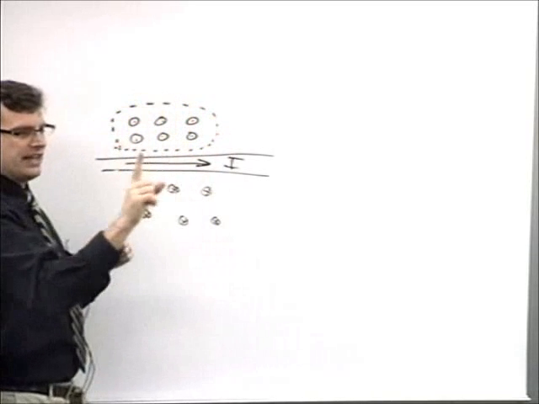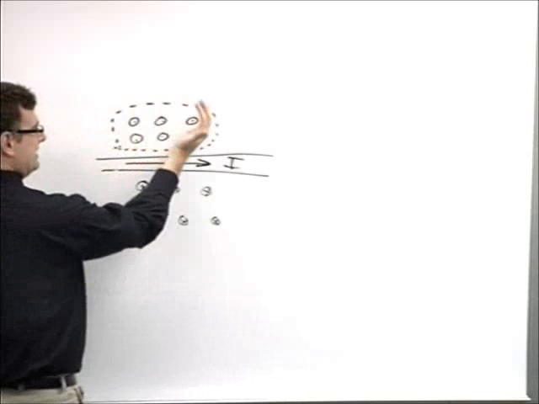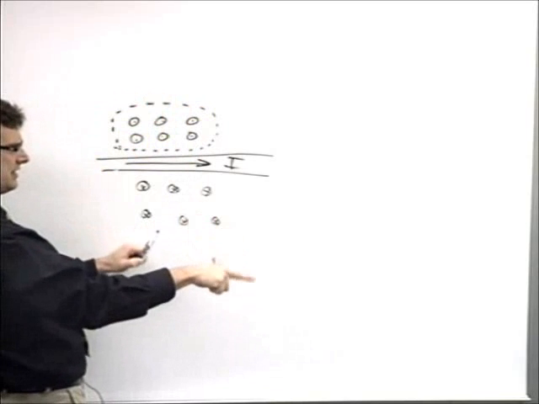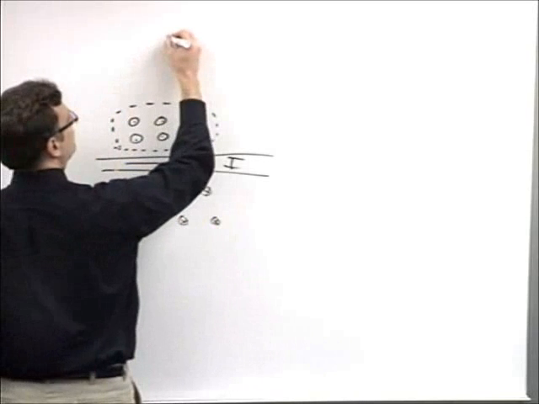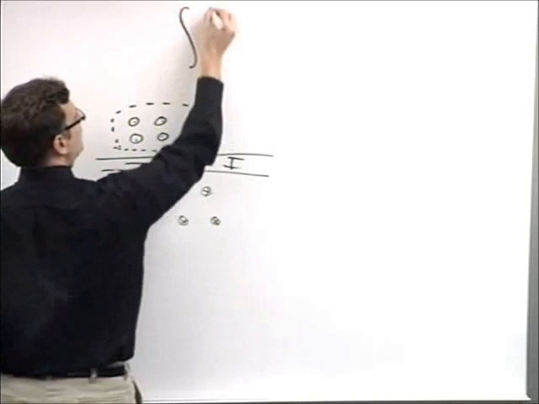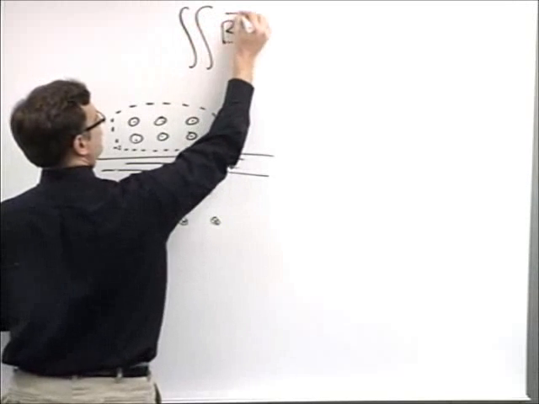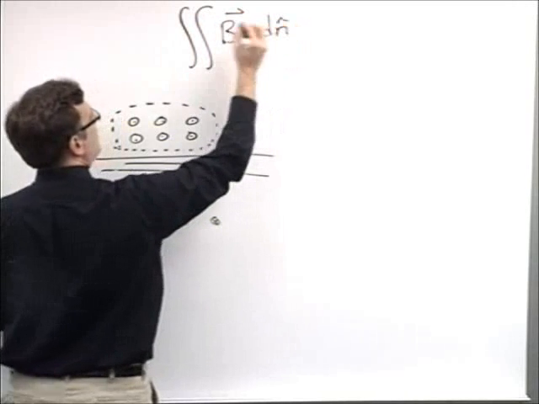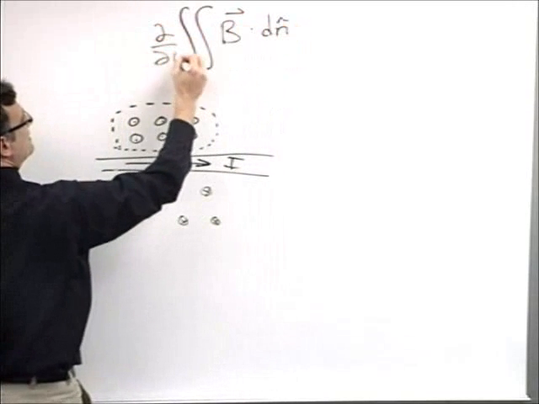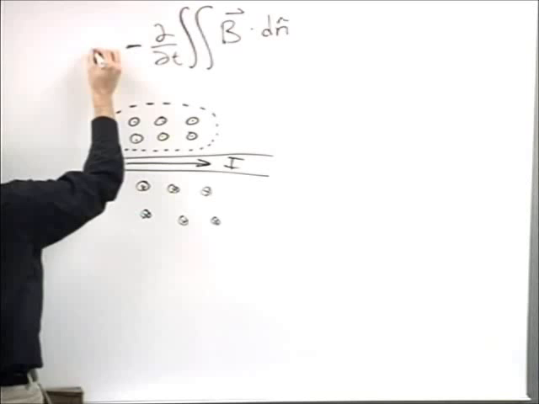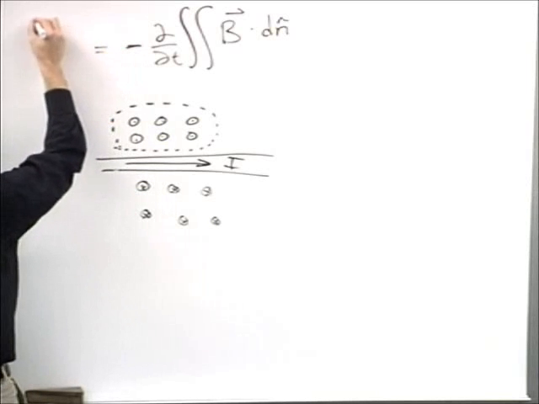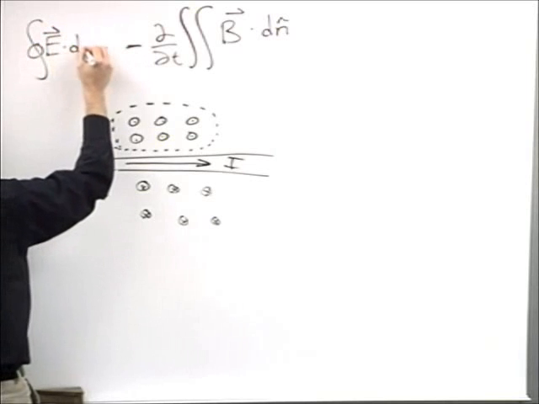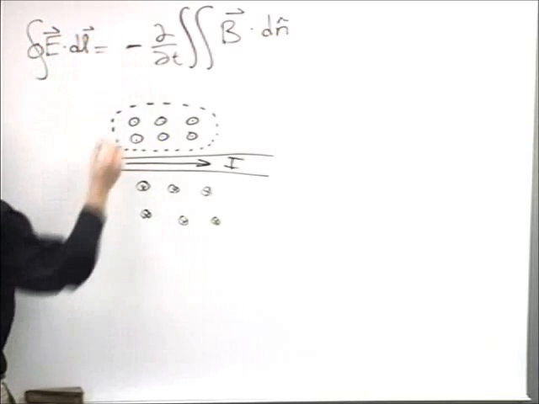The derivative of that flux is now negative, my change in flux. But of course, Faraday's law says there's a negative sign in there anyway. So that will incite circulating voltage around the path here.